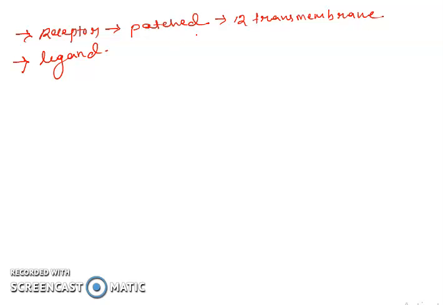Besides this protein, we have another protein known as Smoothened, and this one is a single transmembrane protein. When we talk about the ligand, here the ligand is the hedgehog.